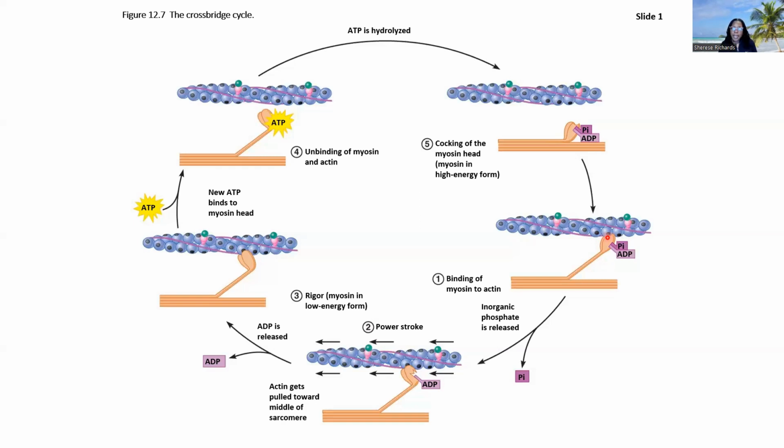And this is happening cyclically in order to bring the actin filaments closer and closer. So it doesn't just drag actin all the way to the M line. It's a cyclical process of dragging, releasing, dragging, releasing, depending on exactly how short that sarcomere needs to be, which is really determined by how much force that muscle needs to generate.